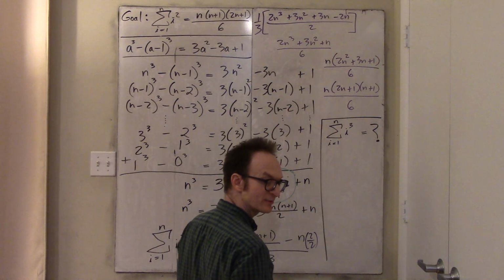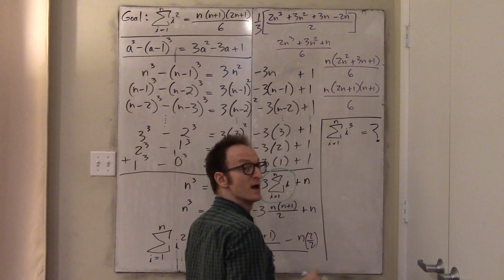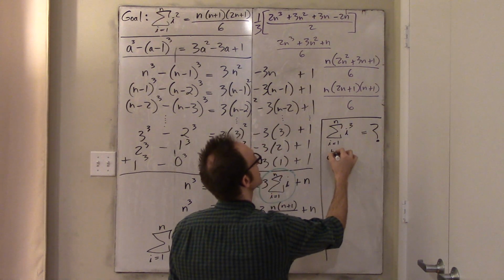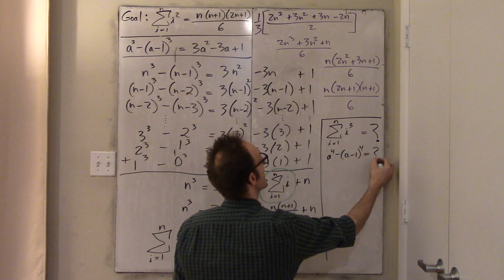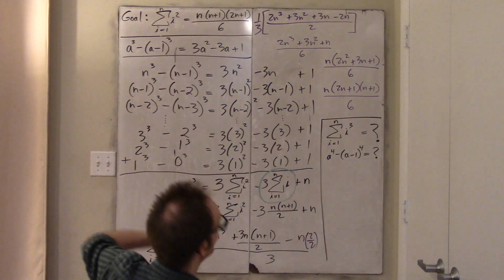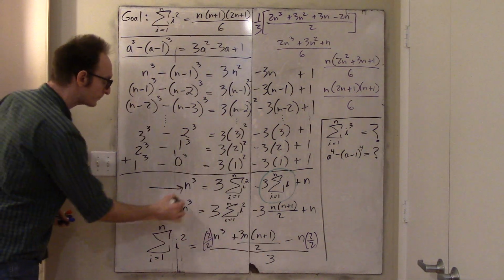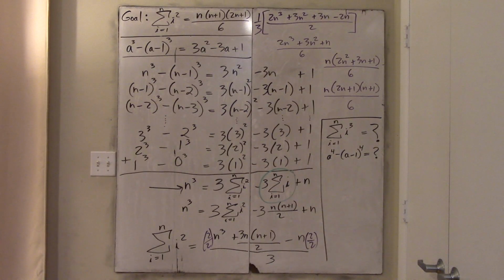But to add up a bunch of cubic things, I should think of those cubic things as the differences between quartics. So I want to do a to the fourth minus a minus 1 to the fourth, and figure out what that is. Then I'm going to write n equations, and when I add them all up, as I've done here, it's going to give me an expression which will have the thing I'm looking for and also the other things.